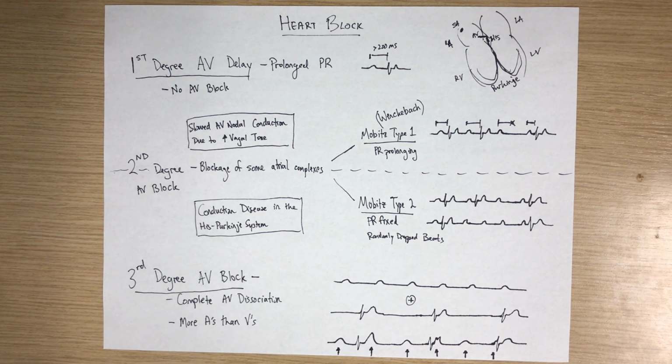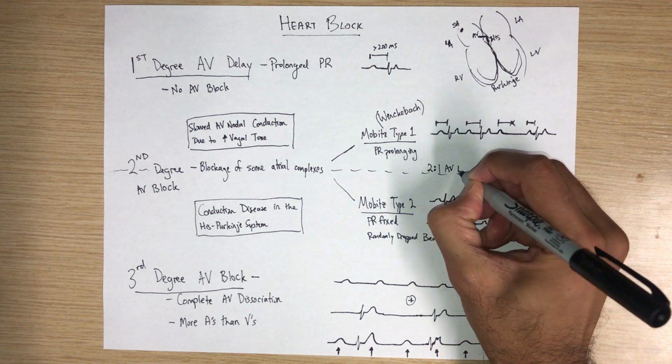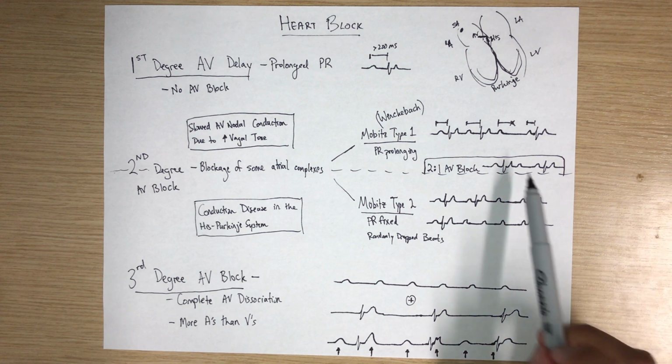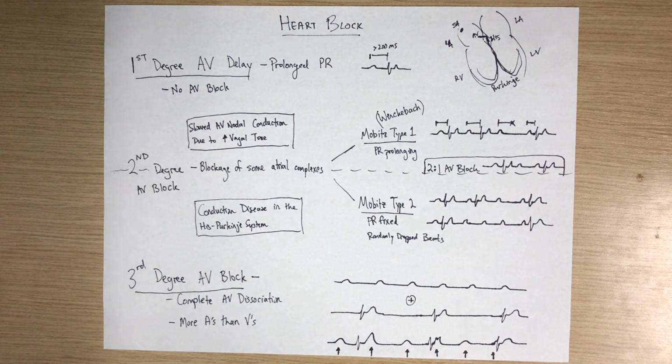One final point that this physiology helps to illustrate is the special case of 2-to-1 AV block. 2-to-1 AV block is a special case because just based on a single strip alone, it's not possible to know whether it's Mobitz type 1 second degree or Mobitz type 2 second degree.